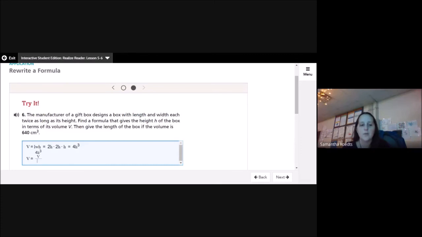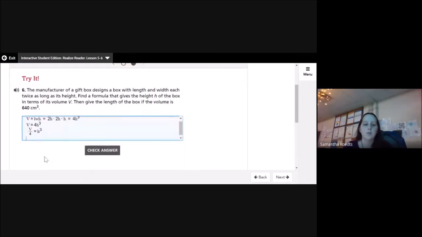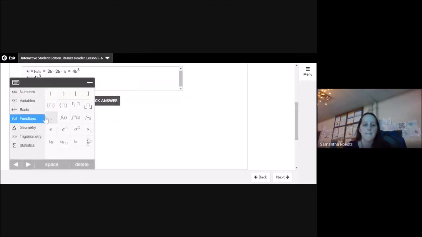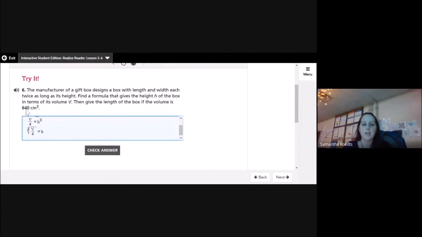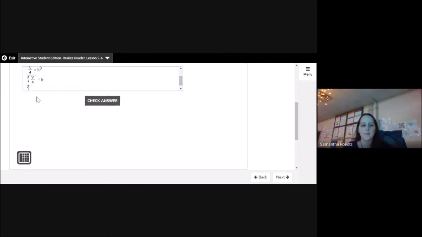So v over 4 equals h cubed. So the cube root of v over 4 equals h. Now I want to substitute the value I was given for volume, 640 centimeters.